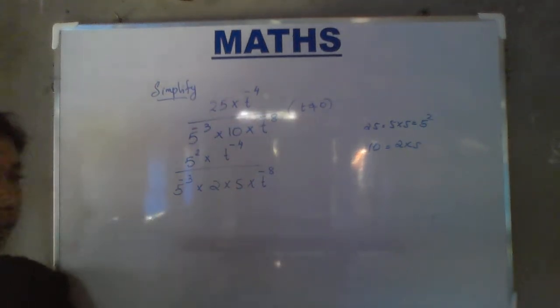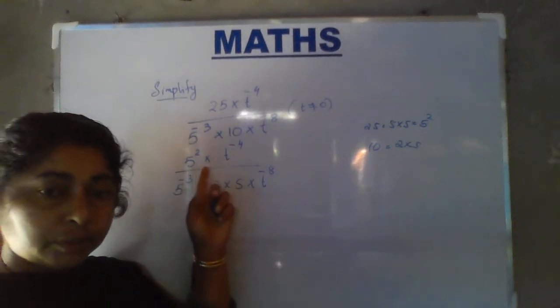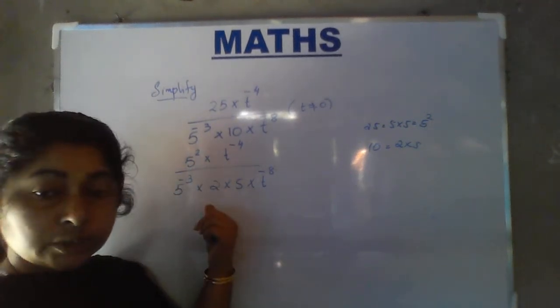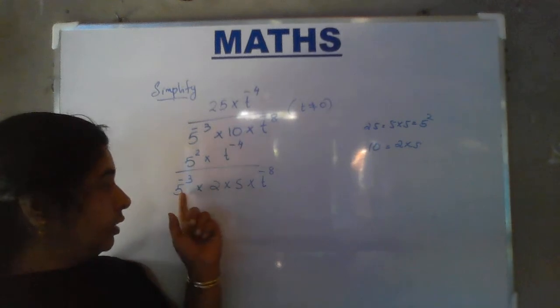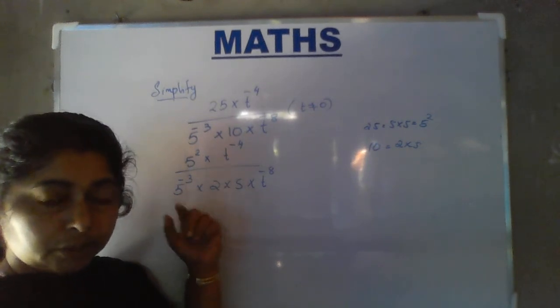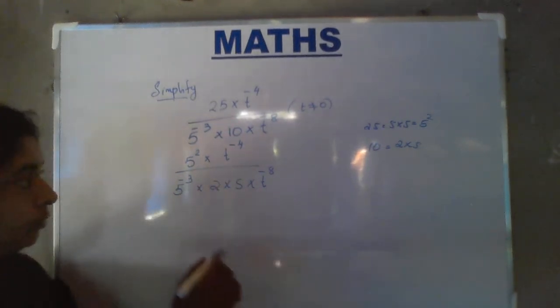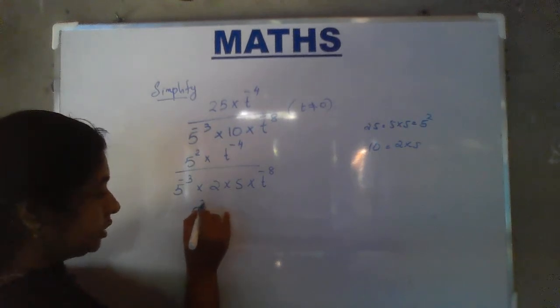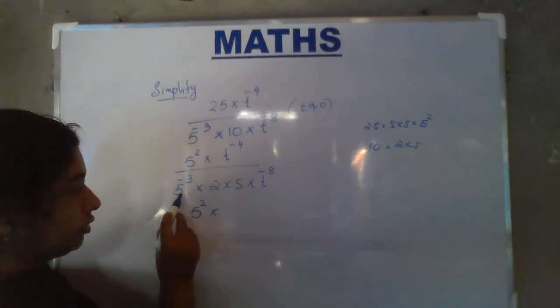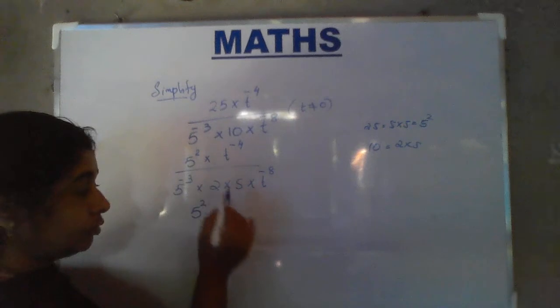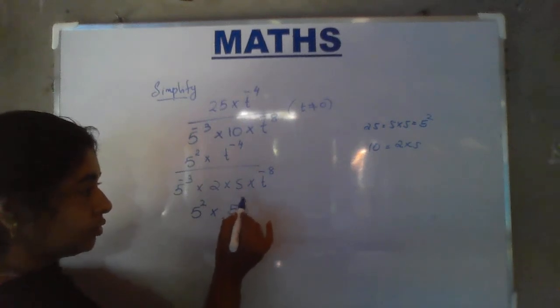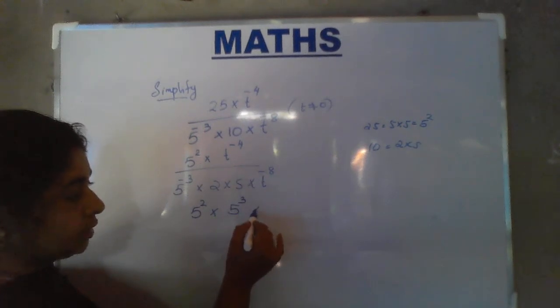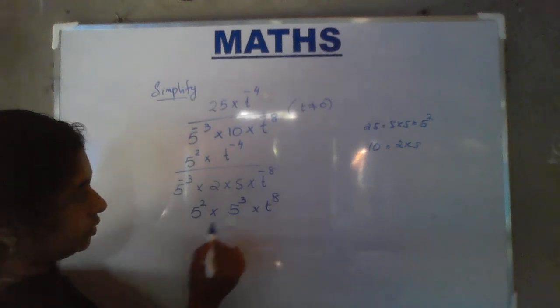Now we know that the negative exponent in the numerator comes to the denominator and becomes positive, and the negative exponent in the denominator comes to the numerator and becomes positive. Now we can express this as 5 square into, this negative exponent of 5 raised to minus 3 comes to the numerator, it becomes 5 raised to 3, and t raised to minus 8 becomes t raised to 8.